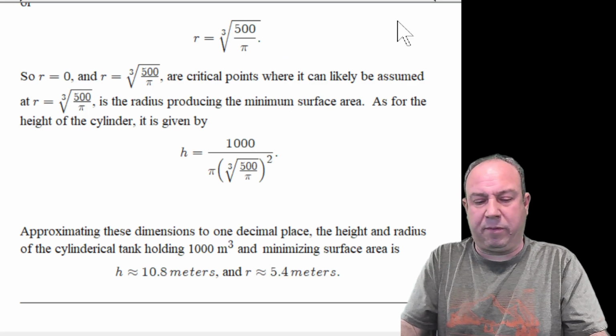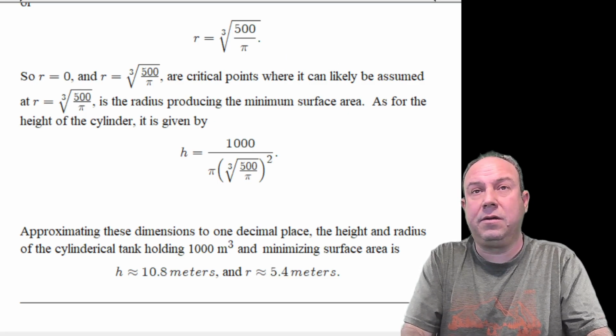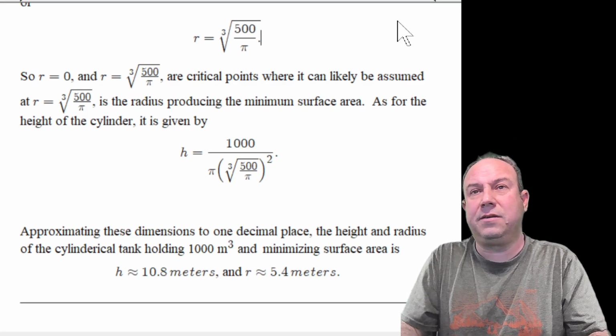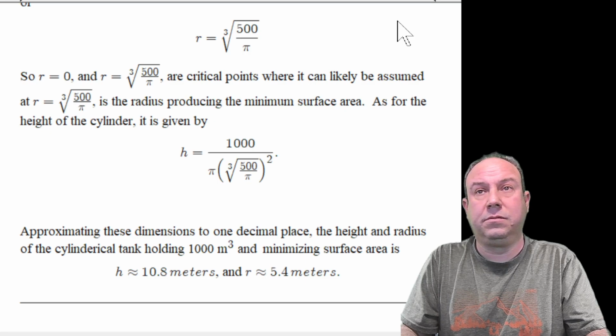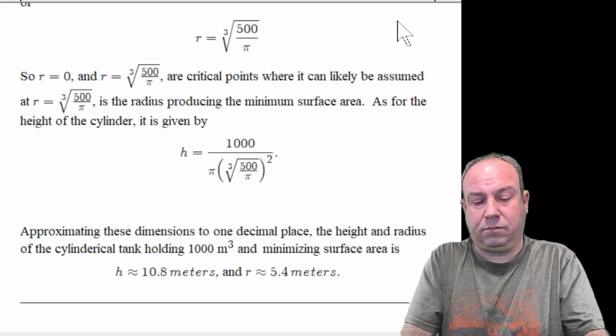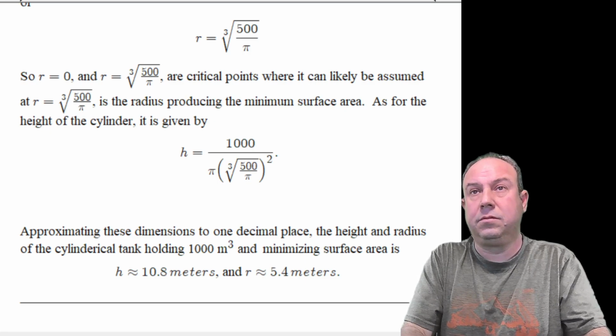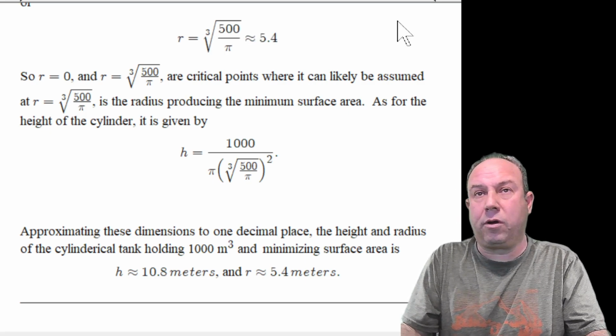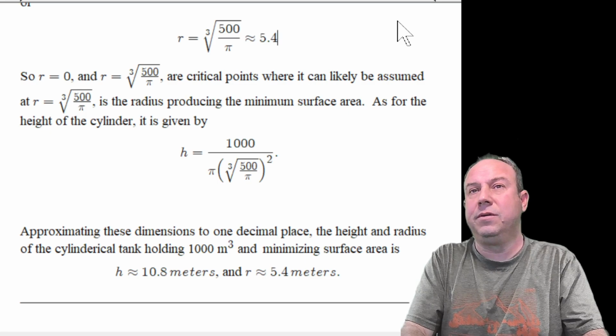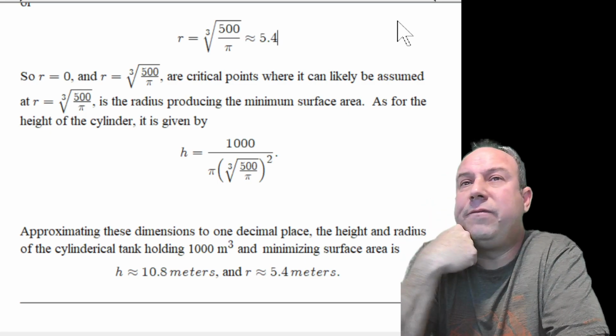One thing we will maybe point out here just for the moment. We'll say that's approximately 5.4 in value. And we can test that 5.4.